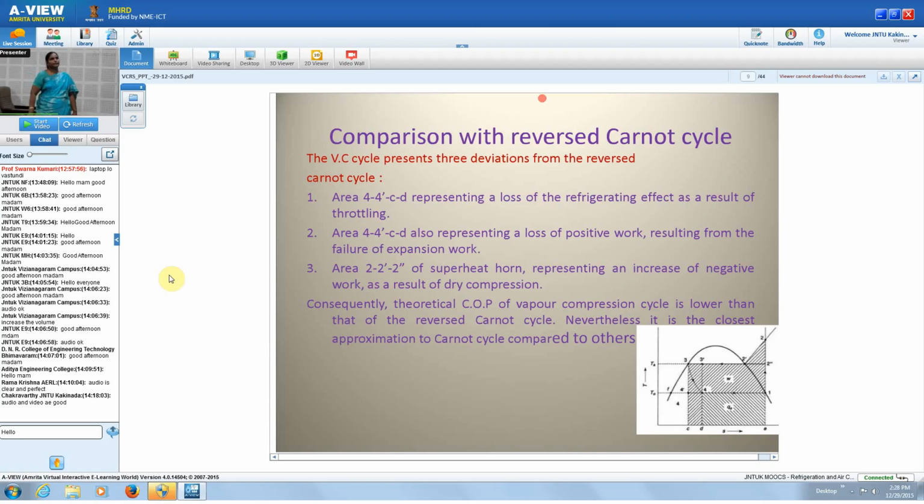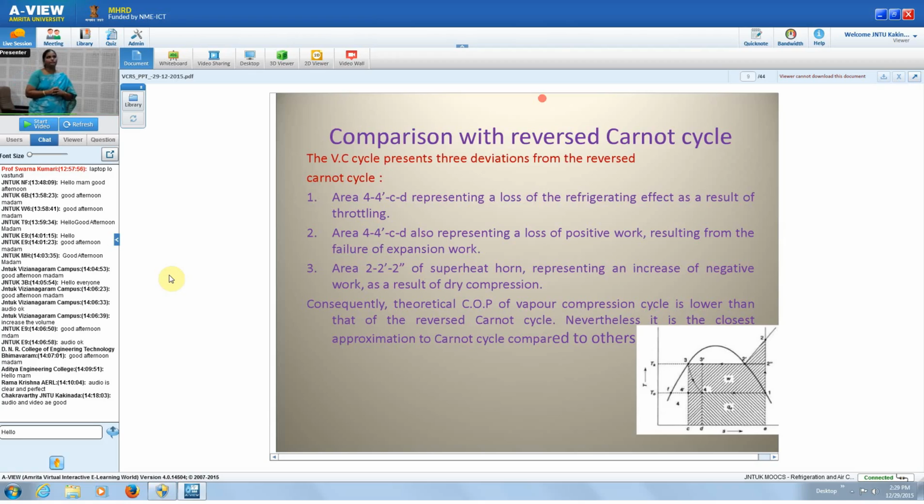Again, the same diagram I have drawn. The area 4 dash CD represents a loss of the refrigerating effect, the area under 3 4. You can see the area 4 dash CD represents the loss of refrigerating effect in the vapor compression cycle due to throttling.